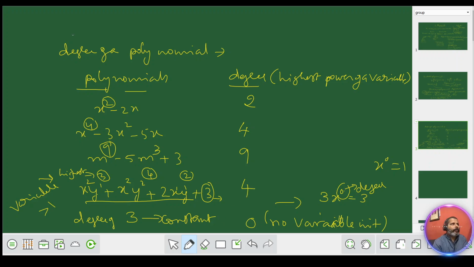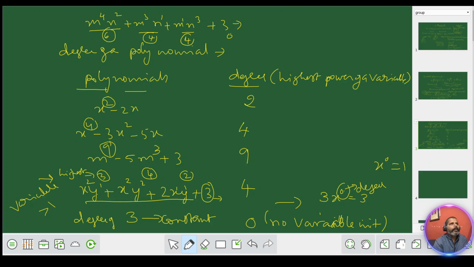Let's see one more example here. m to the power 4 n square, m cube n, plus mn cube, plus 3. What is the degree for this? Same way, what is the degree of this term? 4 plus 2, 6. This is 3 plus 1, 4. This is 1 plus 3, 4.